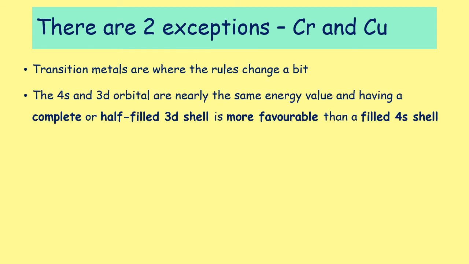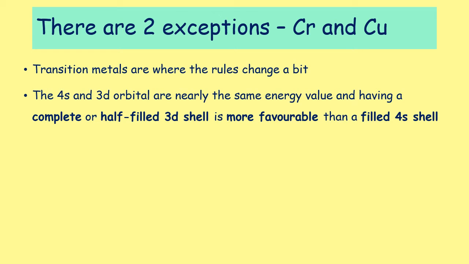Now, in the previous video, we saw that the 4s and the 3d orbitals are quite close in energy to one another. However, having a completely filled or a half-filled 3d shell is actually more stable, more energetically favorable than having a filled 4s shell. So if you can take 1 electron away from a 4s orbital and put it into a 3d orbital, that's going to create a 3d5 half-filled set of d orbitals, or a 3d10 completed 3d orbital.